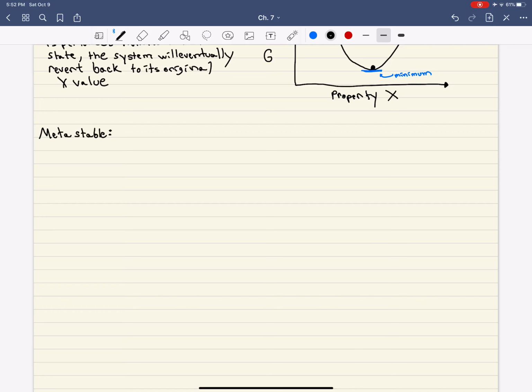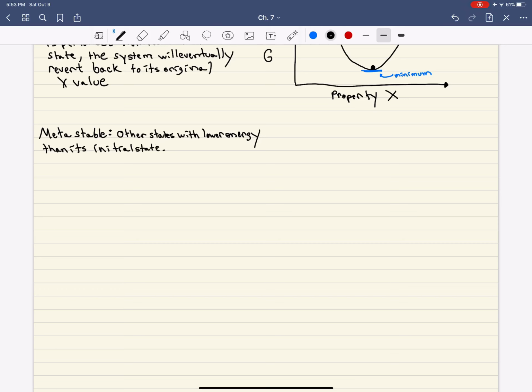Okay. All right, and so if we have a metastable system, what that means is that the system has other states with lower energy than its initial state. Okay?